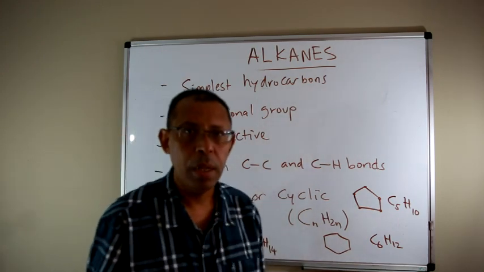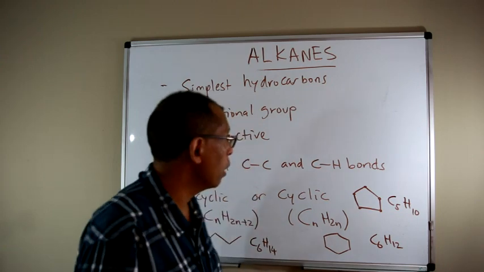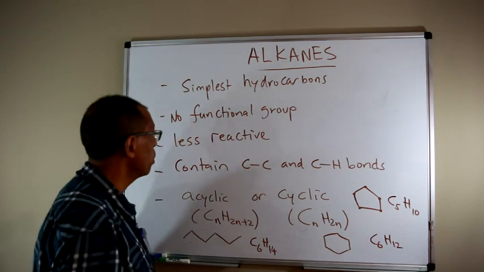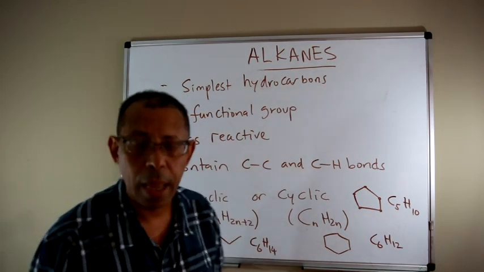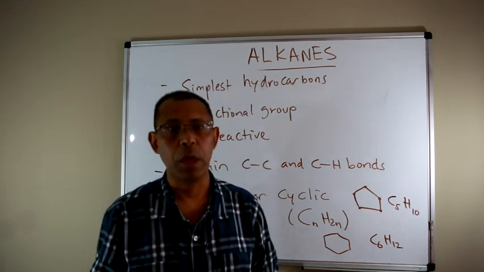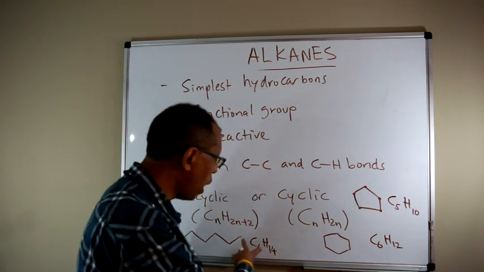So in general, as a review of alkanes, which we will go into in detail in the next section, you need to understand they are the simplest hydrocarbons. They are almost non-reactive. They only contain carbon-hydrogen and carbon-carbon bonds. And they could be straight chain, or they could be a branched chain.